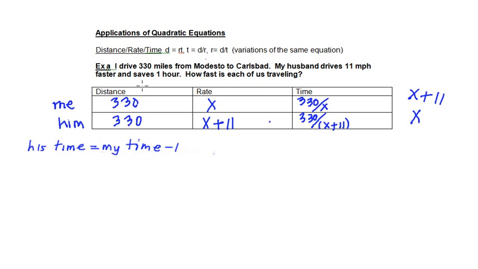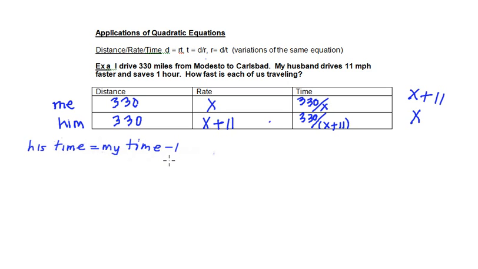Next, I'm going to make use of the information that my husband saves 1 hour by putting together a generic equation regarding times. His time is going to be less than my time if he saves an hour. So his time is equal to my time minus the 1 hour.